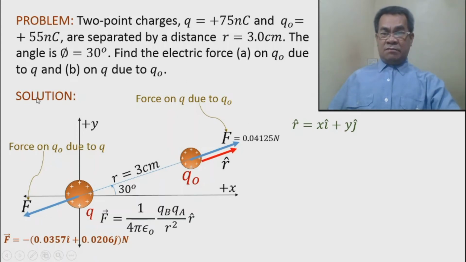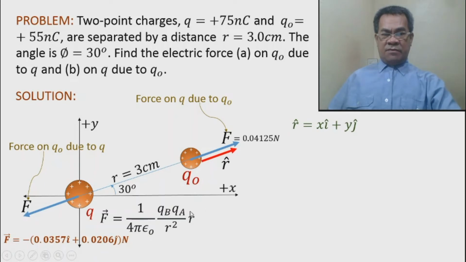But now for letter B, R hat should be directed towards quadrant 1. So all components of your R hat must be positive. So we need to go directly to solving the R hat now because we have the same magnitude.